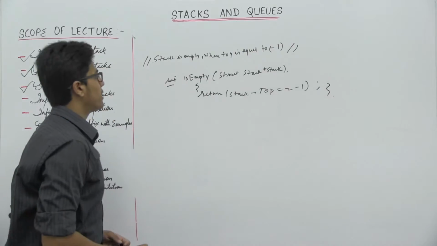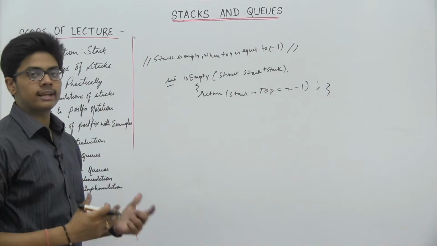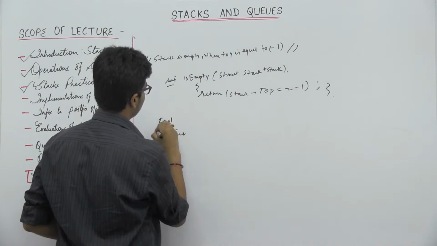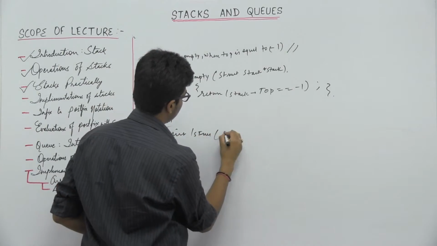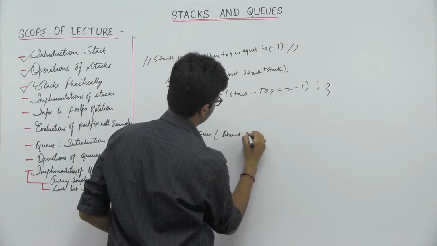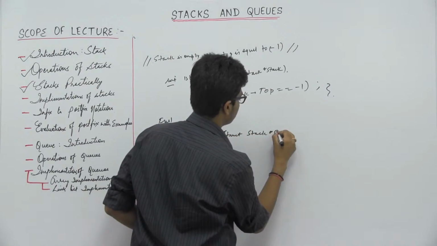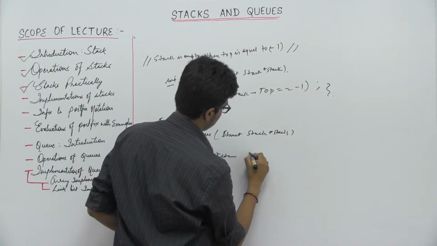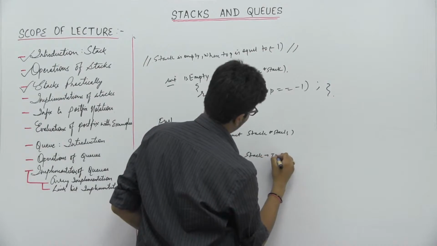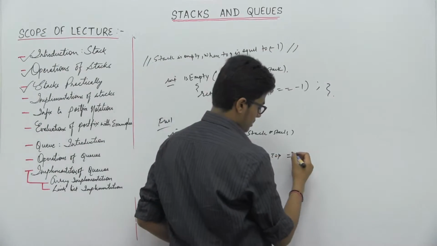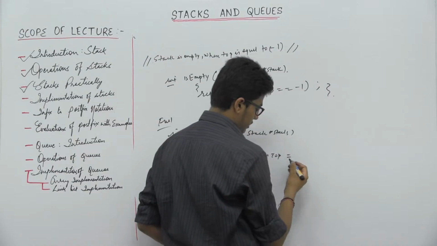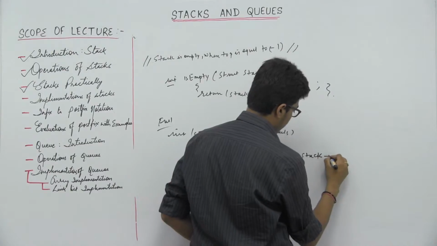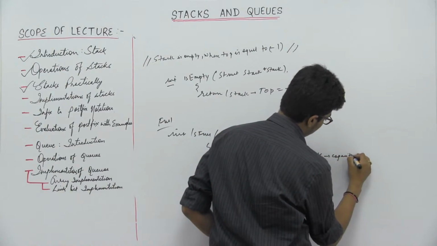Close of this. So first we check whether the stack is full. For the full condition we already discussed int is full struct stack and return stack top is equal to stack capacity minus 1.